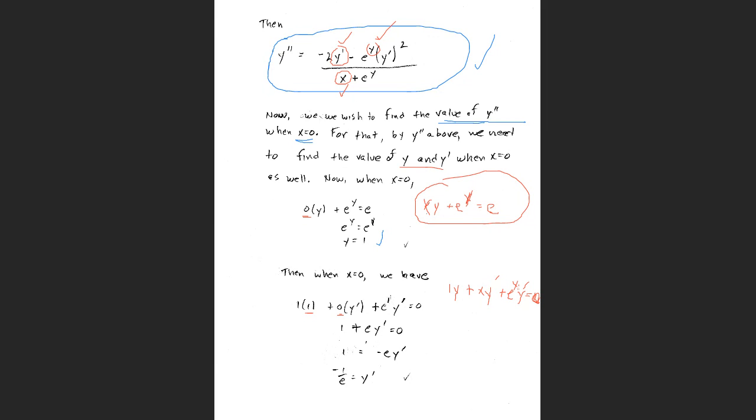Conveniently, that allows me to solve for y prime. It's 1 plus e times y prime equals 0. So y prime will equal negative 1 over e. Take a moment to look at that.